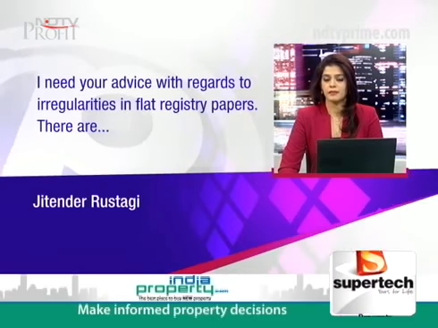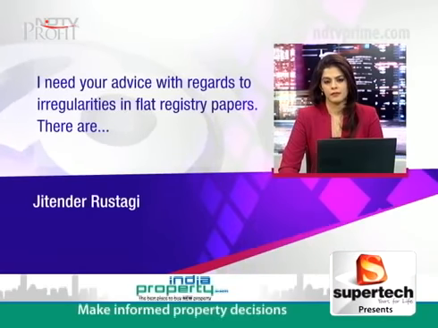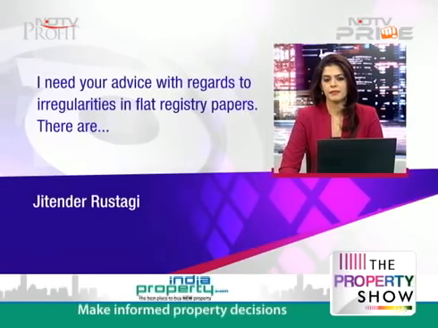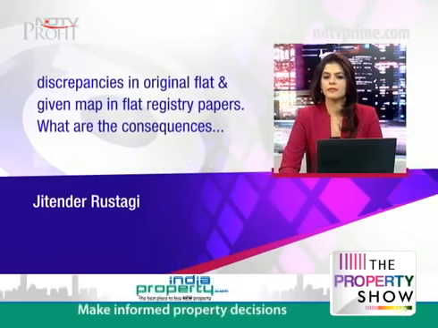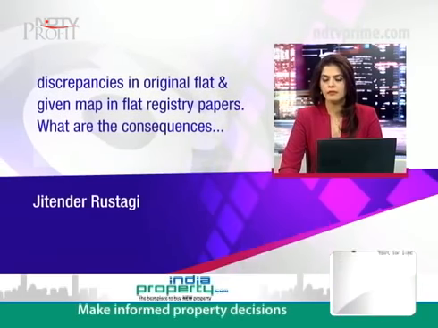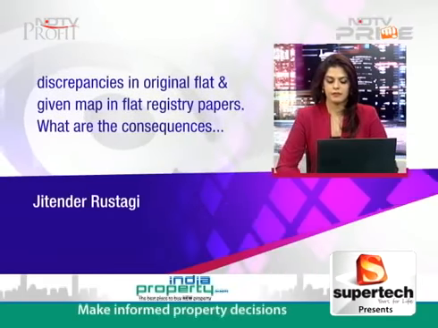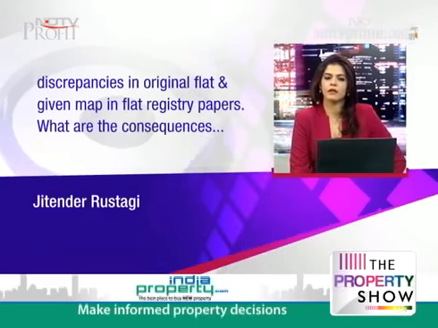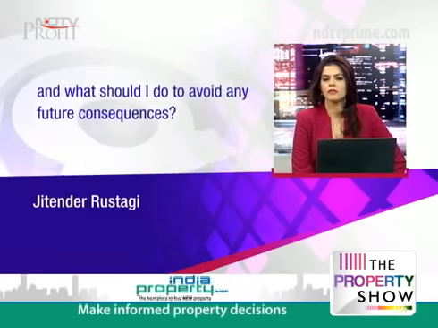So I have a few queries. One is regarding what could be the possible implications of such a mismatch, and second, is there any possibility that I can modify the original layout?